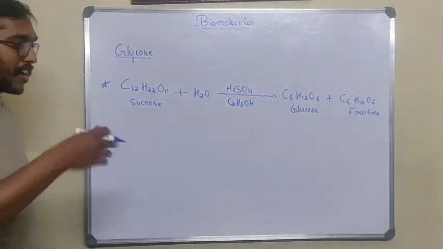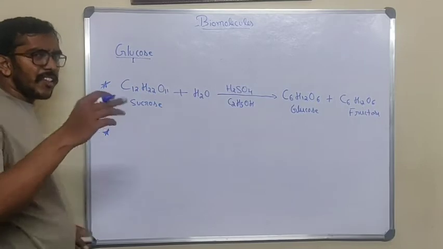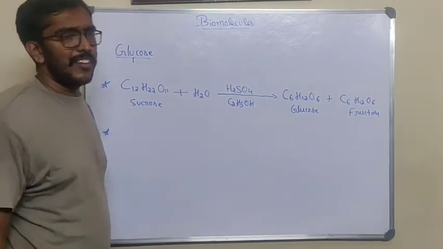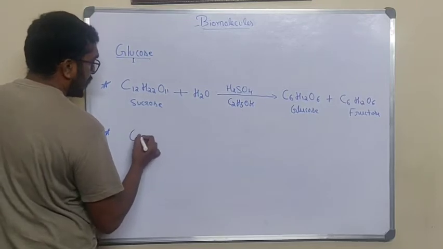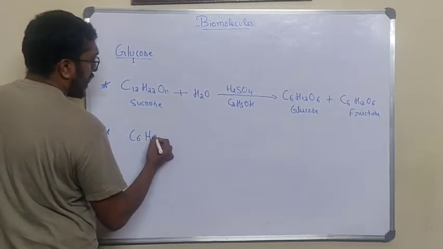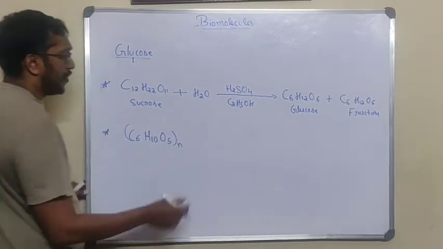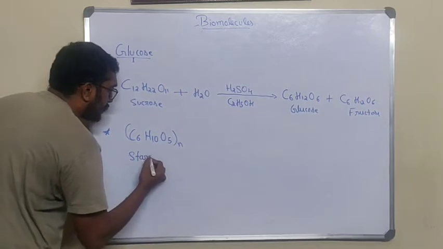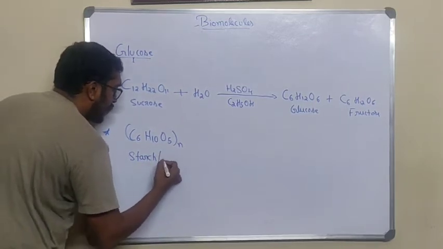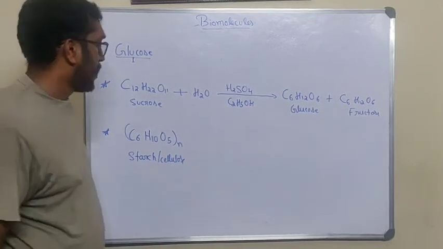The second preparation I want to discuss uses starch or cellulose. The formula of starch or cellulose is (C6H10O5)n, with different structures.